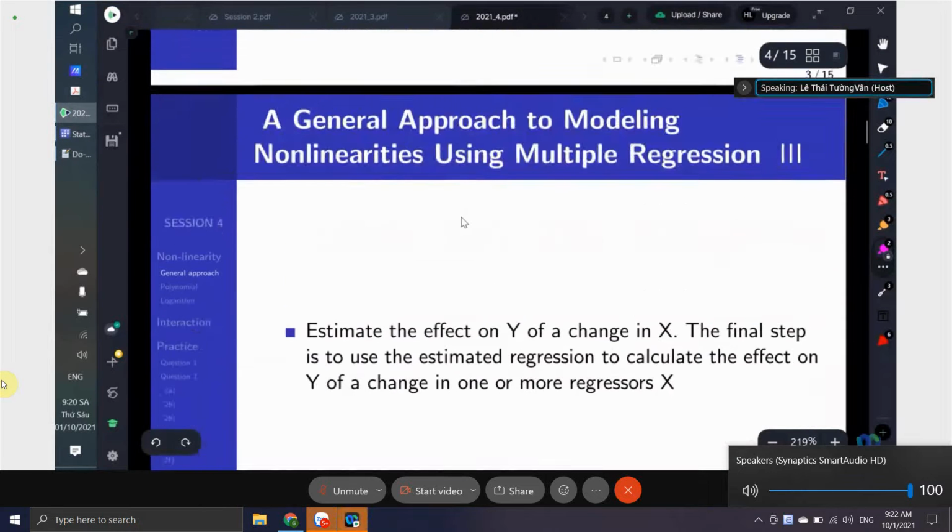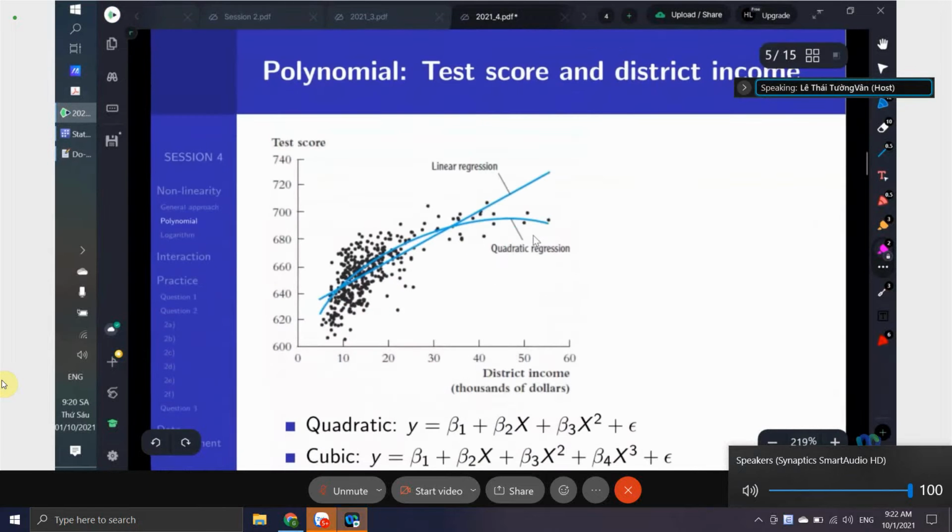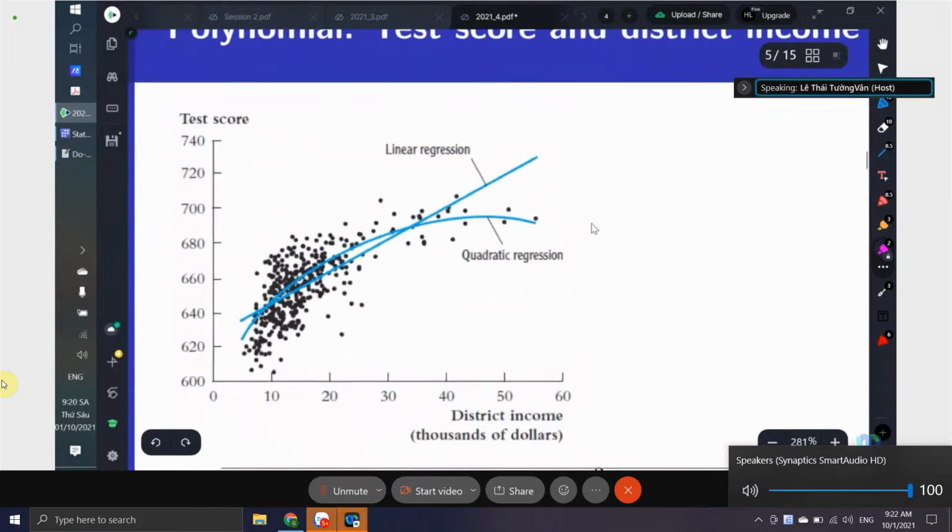Okay. So this is a typical relationship and an illustration of a nonlinear relationship. If we only look at it for a moment, ignore the blue lines. You will see that if we run a regression model that ignores the nonlinear relationship, we would have this one.